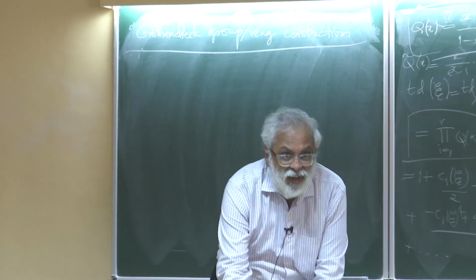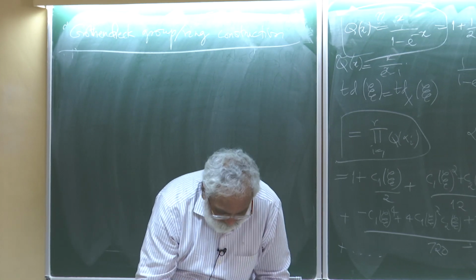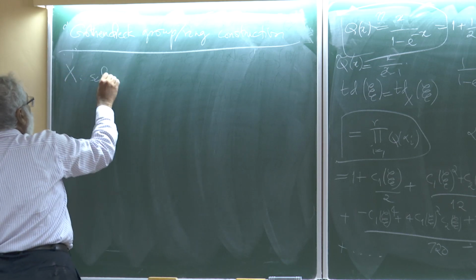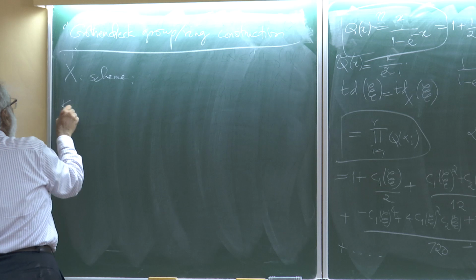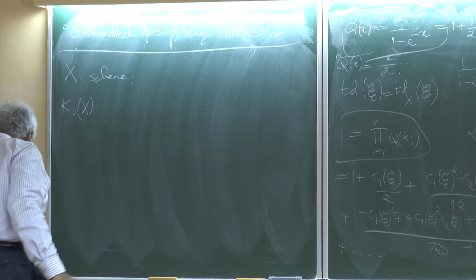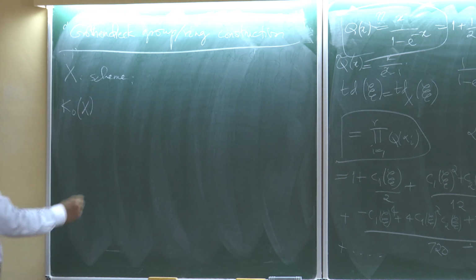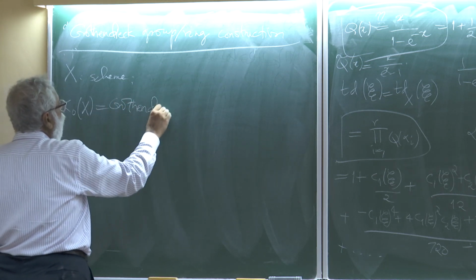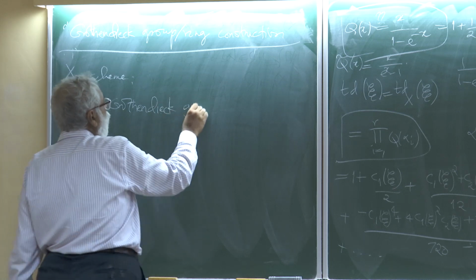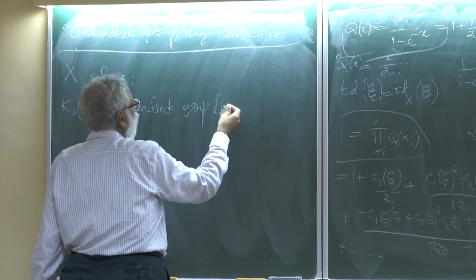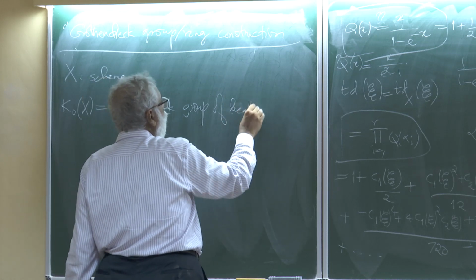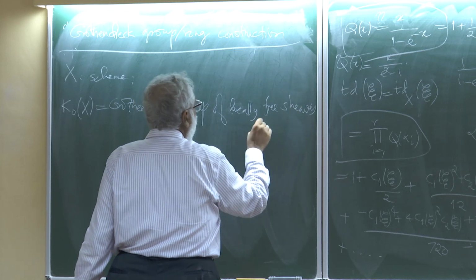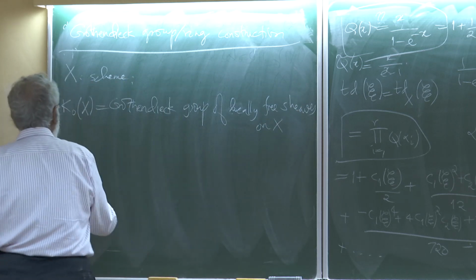Has any of this been done at all? Nothing. Okay. So, if X is a scheme, it makes sense to introduce the following object, K0 of X, the Grothendieck group of vector bundles or locally free sheaves on X. And this I define in the following fashion.